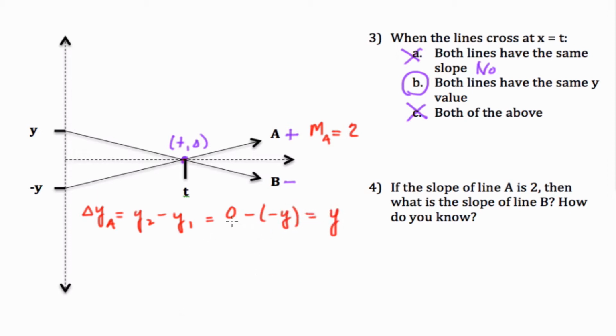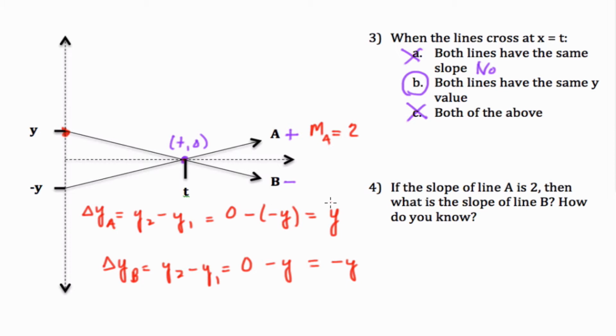So the delta y for A is going to be y. What is the delta y for B? It's just going to be y2 minus y1 for B. y2 is 0, right? After t seconds, it ends up at 0. y1, where does line B start? Well, it starts at y, so 0 minus y, and this is going to be negative y.